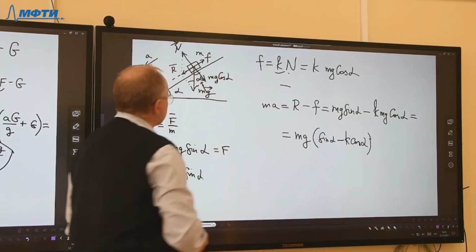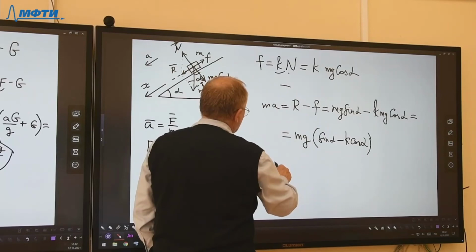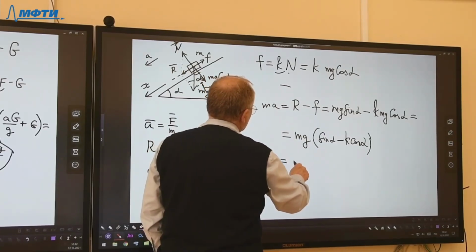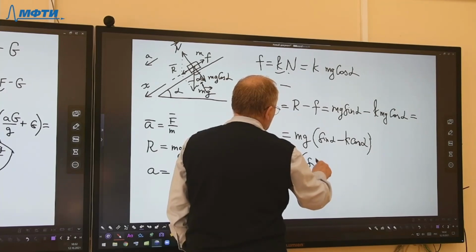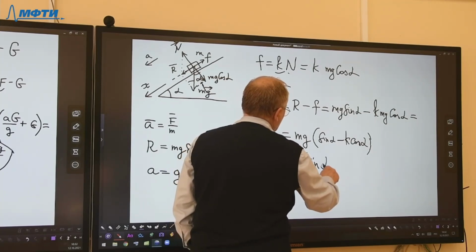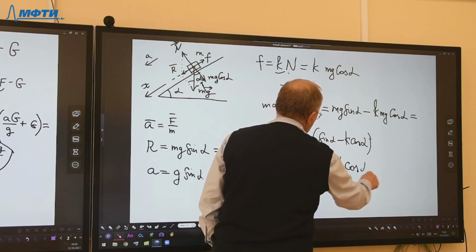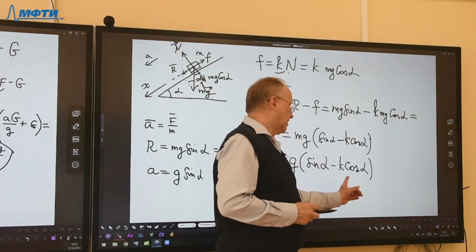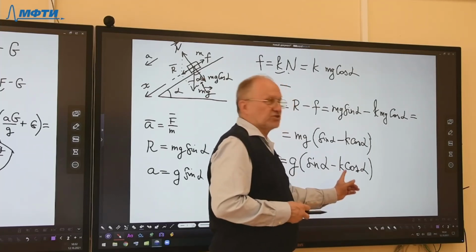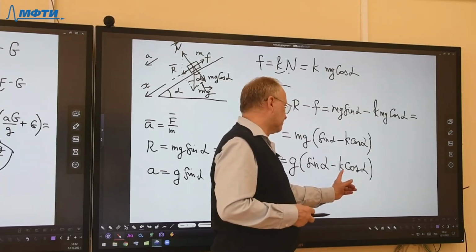We have to find the acceleration, so we divide by the mass, and the acceleration will finally be equal to g, the acceleration of free fall. The mass is cancelled: sine alpha minus k cosine alpha. The coefficient of friction is some dimensionless number, just a number, like 0.1, 0.2, 0.5.